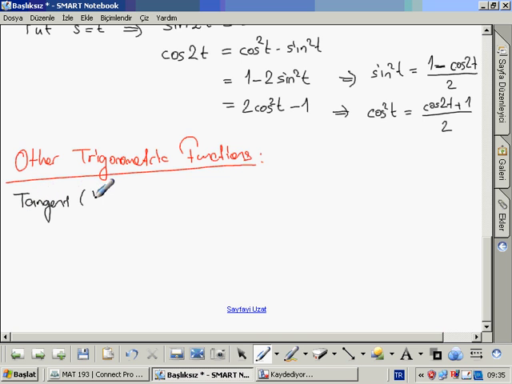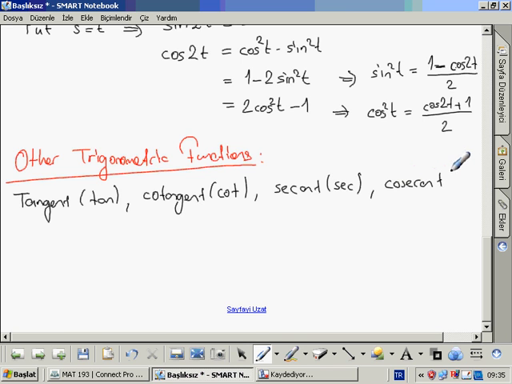Tangent, short form tan, and the cotangent, short form cot, and the secant, which is sec, and the cosecant, which is csc. Okay, and we know that tangent t equals sine t over cosine t.